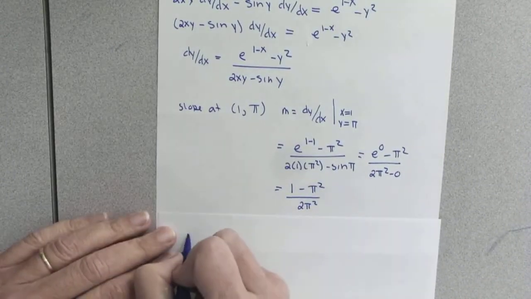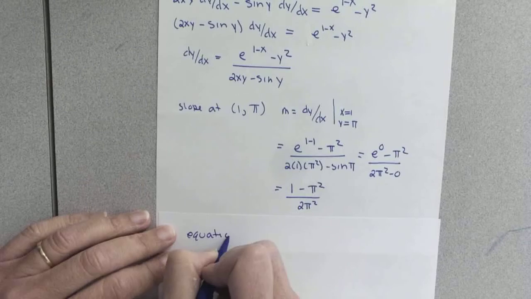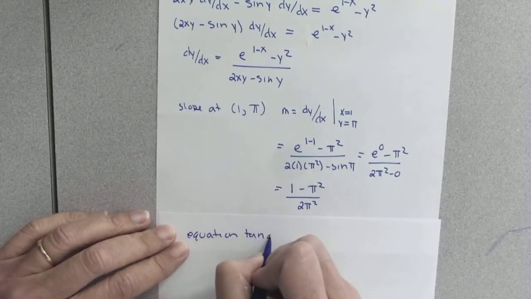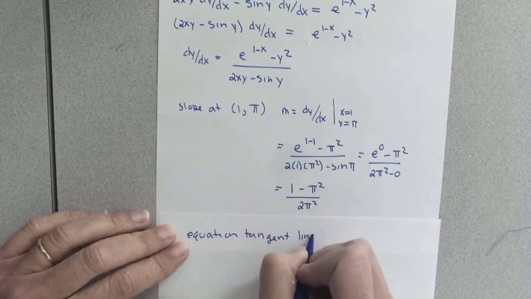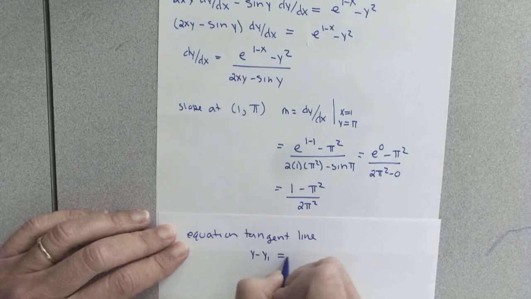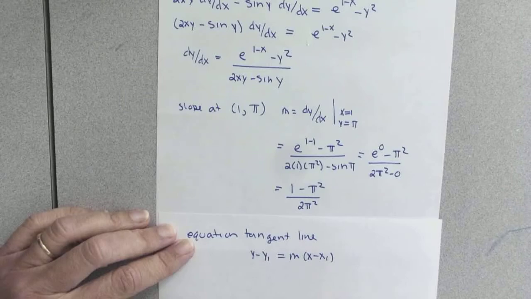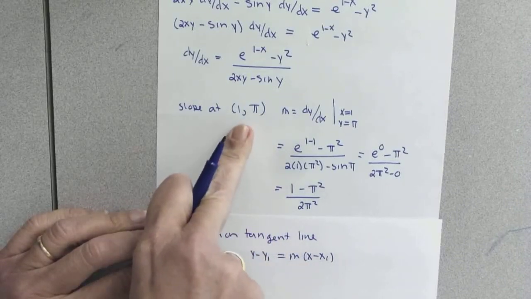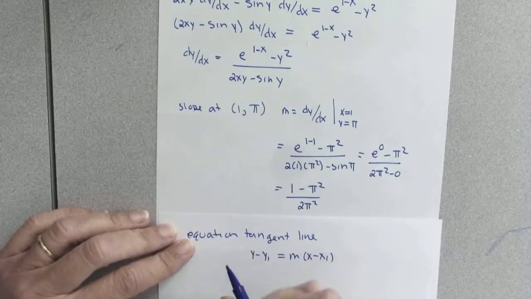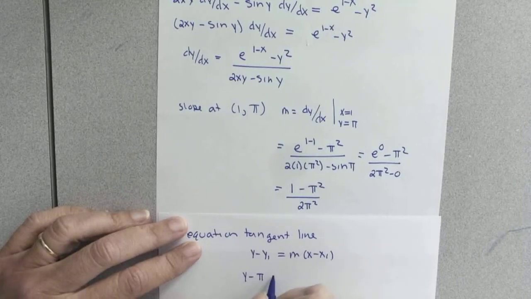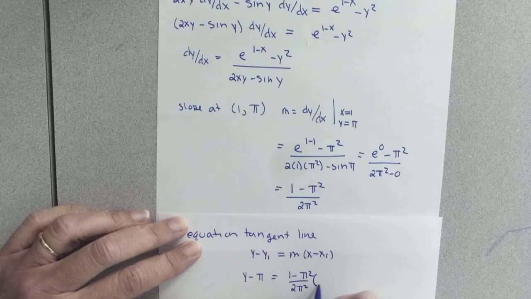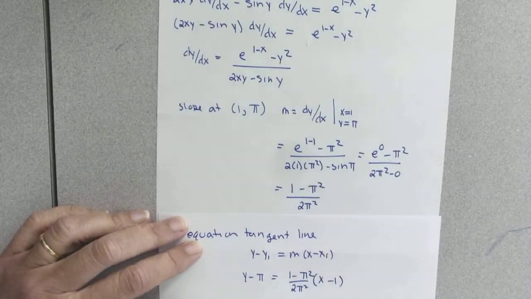And so my equation of the tangent line is y minus y1 equals m times x minus x1. The point is still 1, pi, and there's my slope. So y minus pi equals 1 minus pi squared over 2 pi times x minus 1.